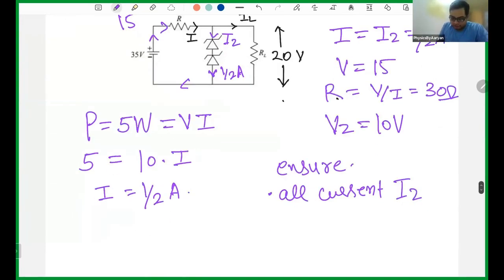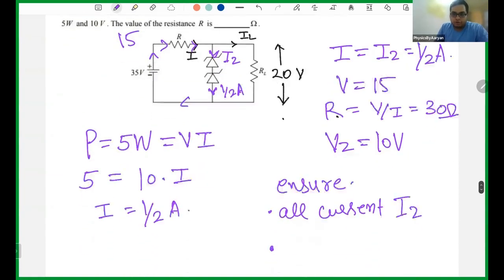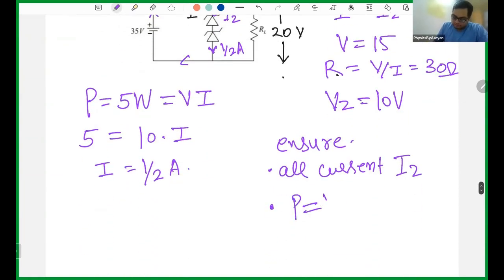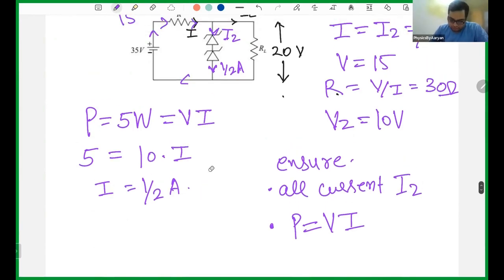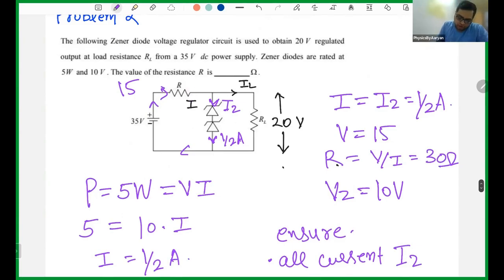Second, you do your calculations accordingly. I assume whatever current was coming was IZ. How did I calculate my IZ? From the power rating, and that came out to be half ampere. Whatever is the current through the Zener will be the maximum current through the circuit. So the current through here is also half, and the voltage across this is 15. What will be the resistance? V by I. V is 15 and I is half, so it will be 30. So the answer to this problem is 30.